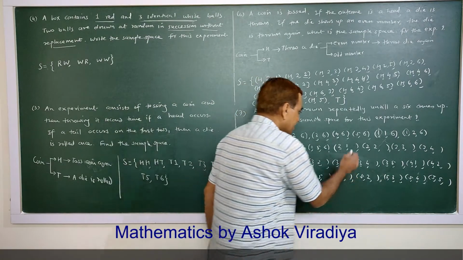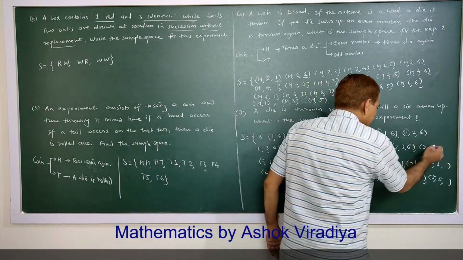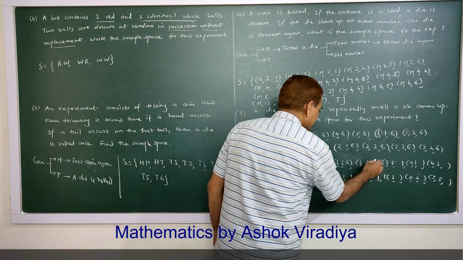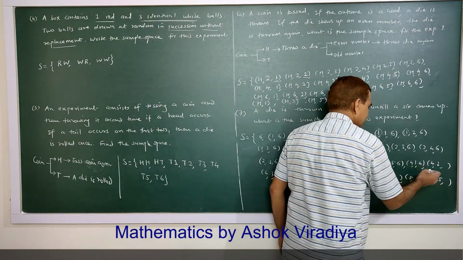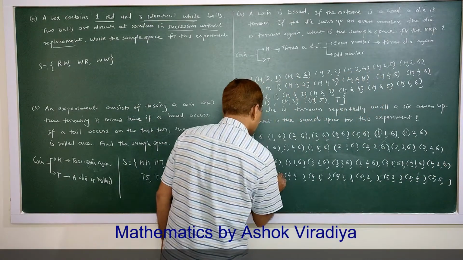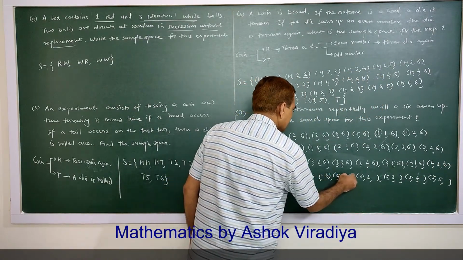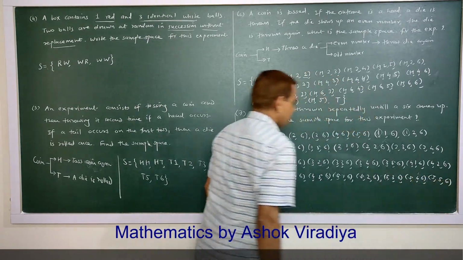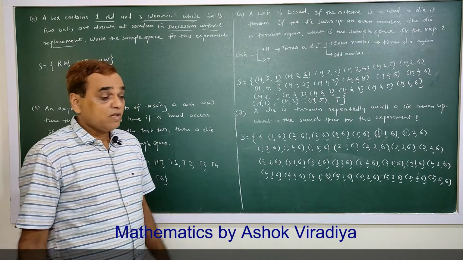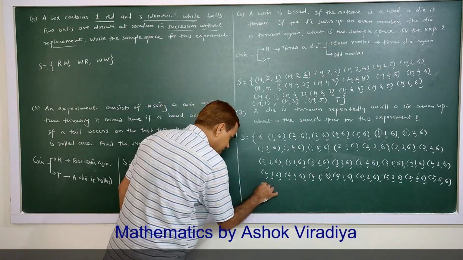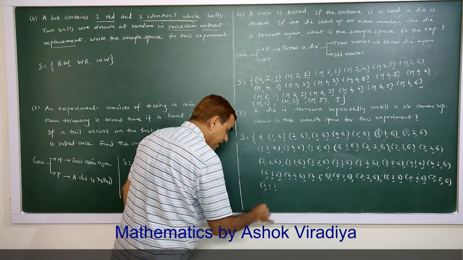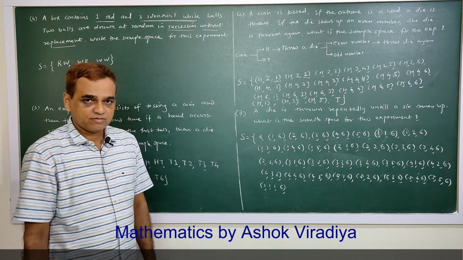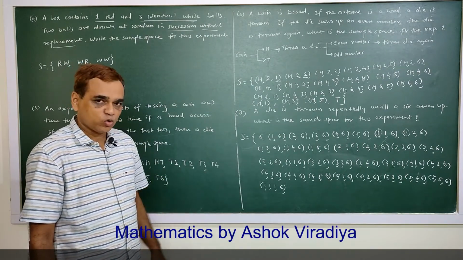Now here I put 6 everywhere in the third place, the third outcome. Now, in the first 3 tosses, if 1, 1, 1 is obtained, then 6 is obtained, the procedure is over.